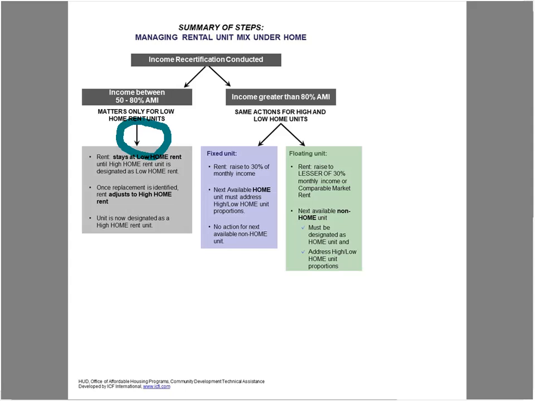And then the other question that has come up a lot is we have over income, and so they know they need to charge 30% of the adjusted income to determine the rent. The question is, once they determine what that 30% is, do they add utilities on top of that? We're trying to figure out how to deal with utilities as part of that new payment that has to be made.